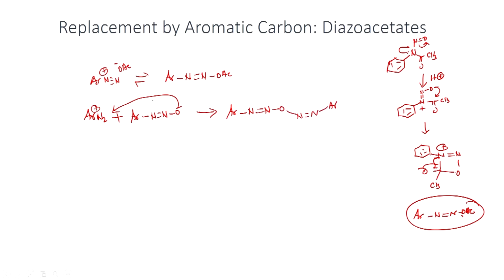So let me write A prime. So once you form this one, as we have just seen, it can undergo homolytic cleavage to give the aryl radical.